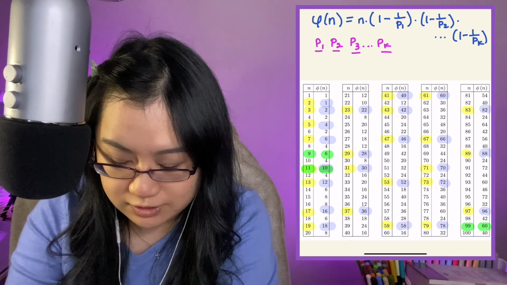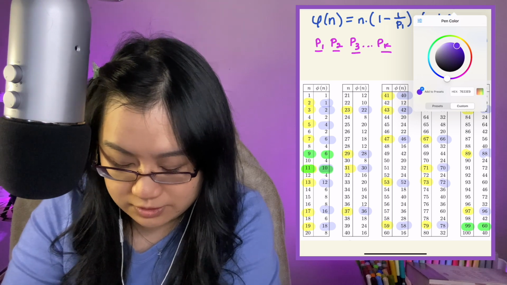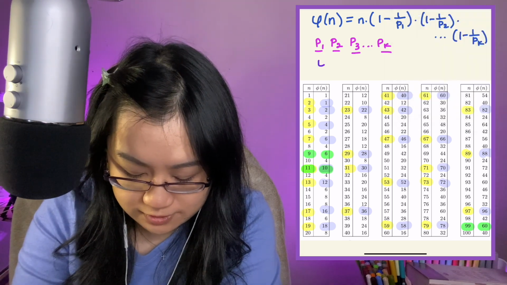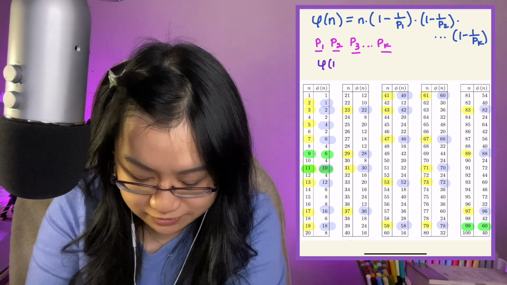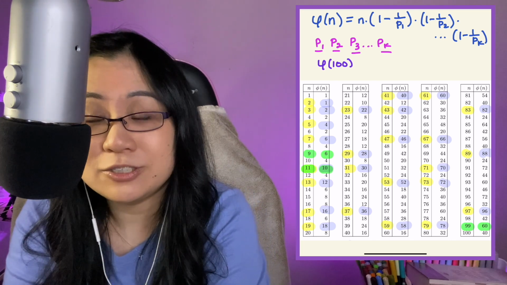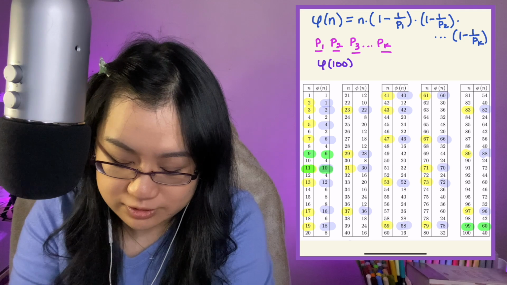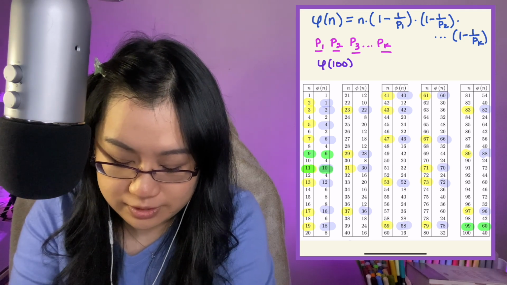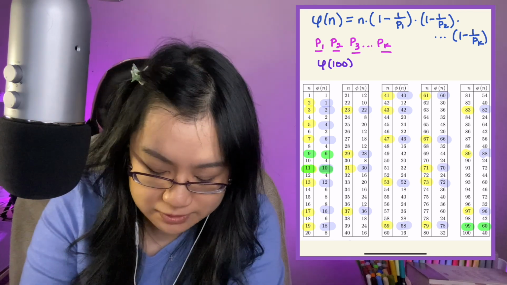So for instance, let's do phi of 100 since we have it on this table. So you prime factor 100, and you can do that however you want. So 100 is 10 squared. You could do 4 times 25, so 2 squared times 5 squared.